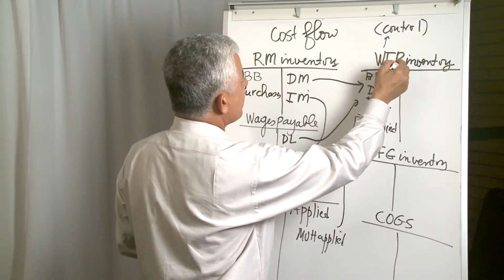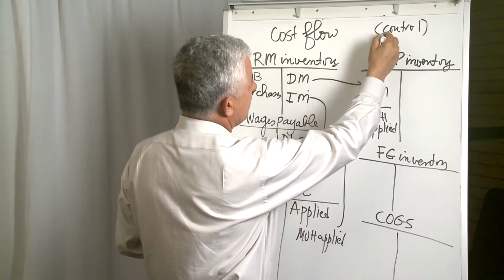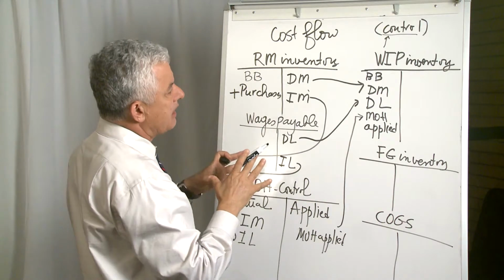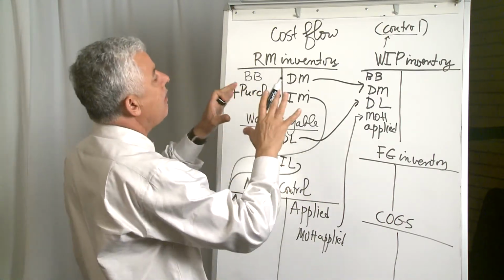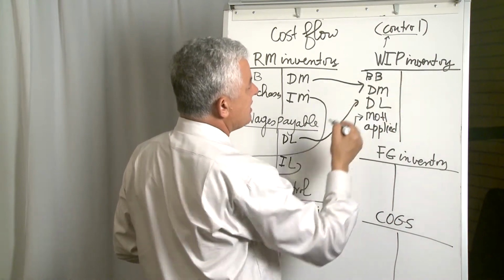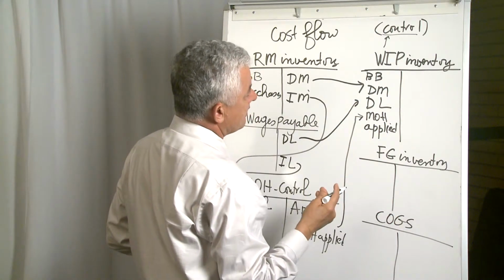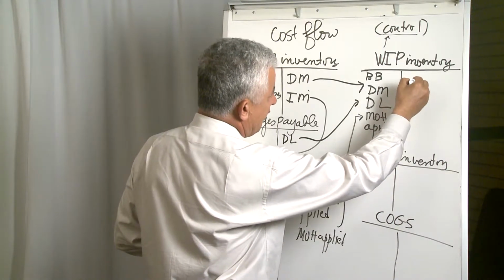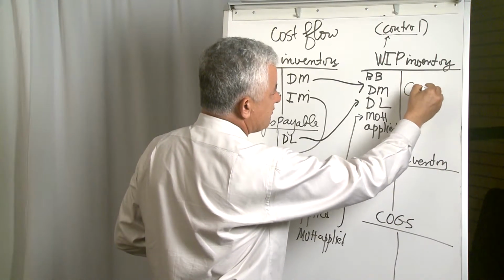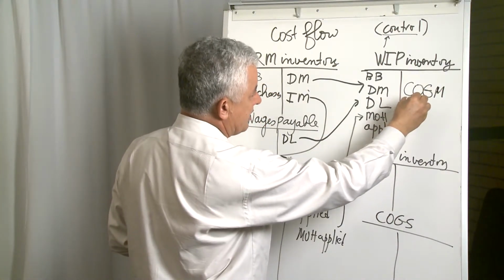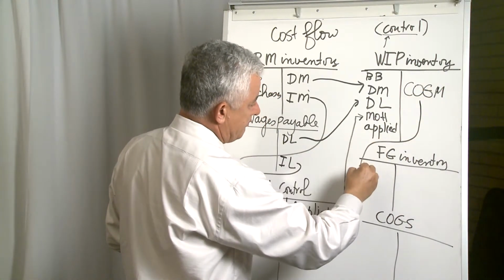So we call this work in process control because this account will summarize all the work done on different jobs, on all jobs that the company is working on. Once the job is finished or the products are finished, then we transfer them. This is the cost of goods manufactured. We transfer them to the finished goods inventory.